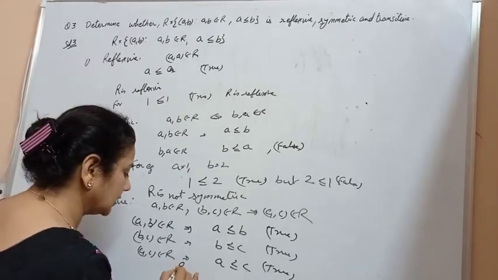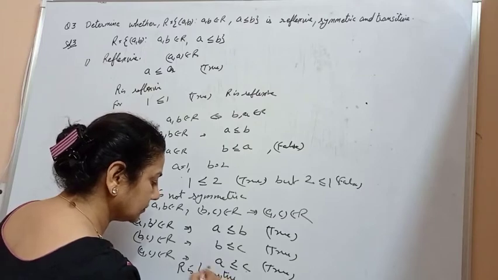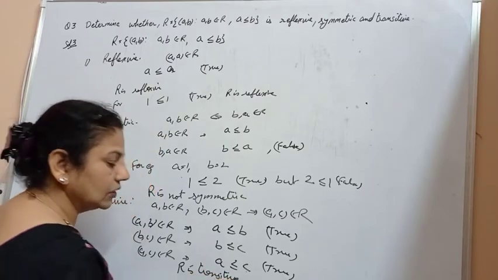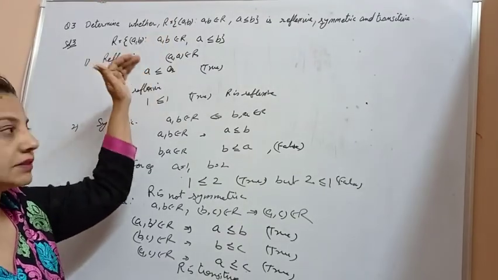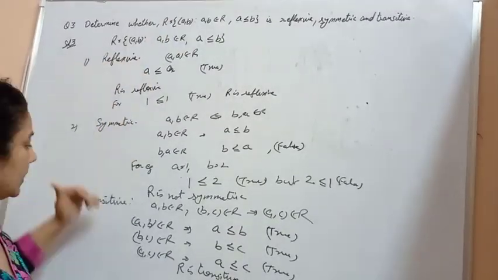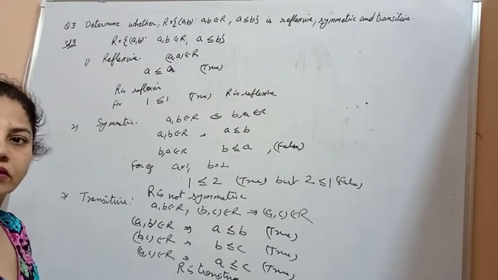So we say that R is transitive. So in this particular case, the relation is reflexive, transitive, but not symmetric.